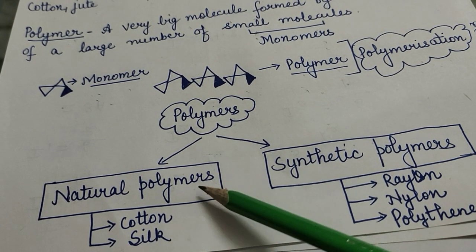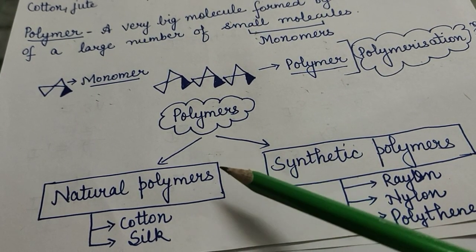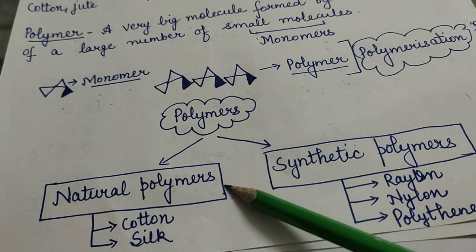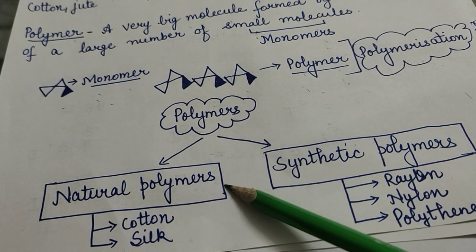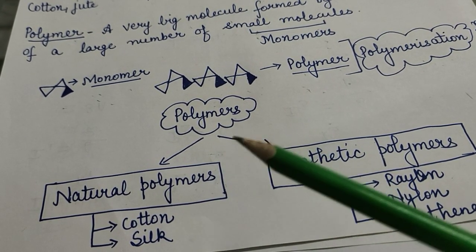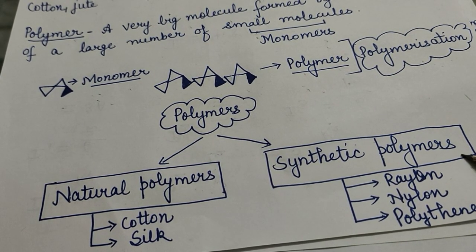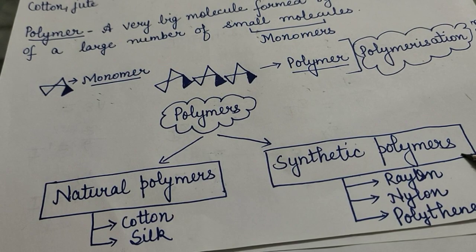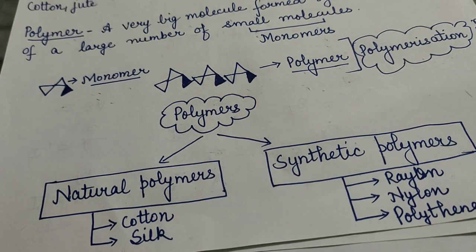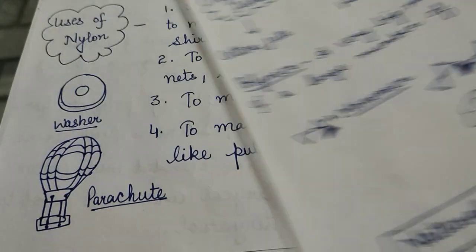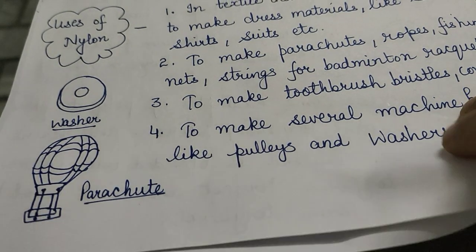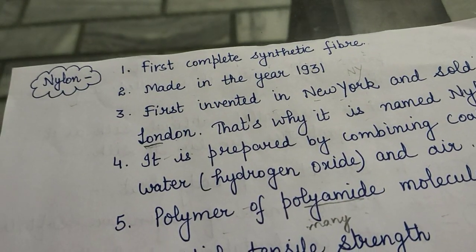The polymers that we obtain from vegetables and animals are called natural polymers. And the polymers that are human made, that means chemically made, are known as synthetic polymers.